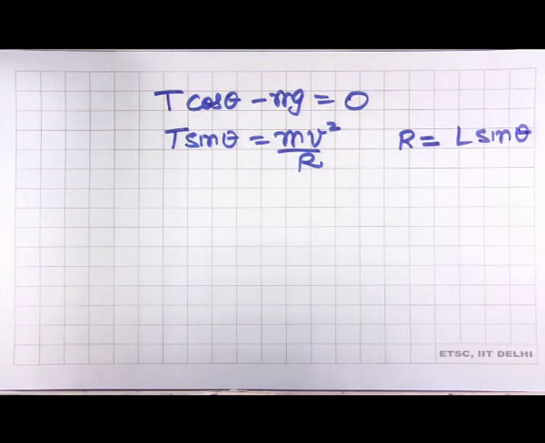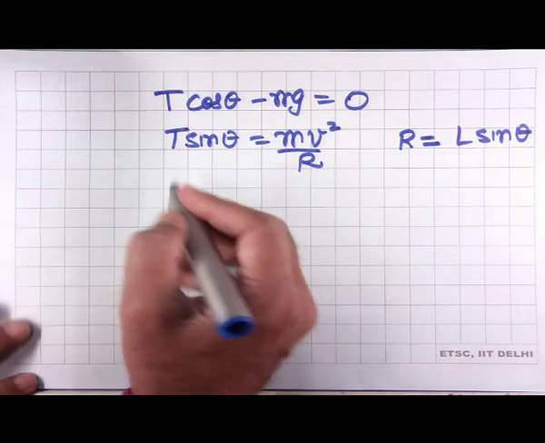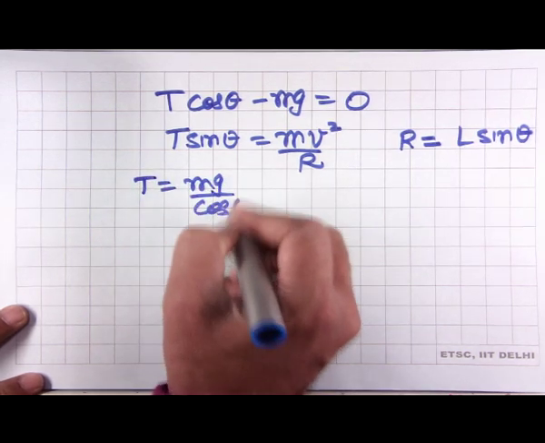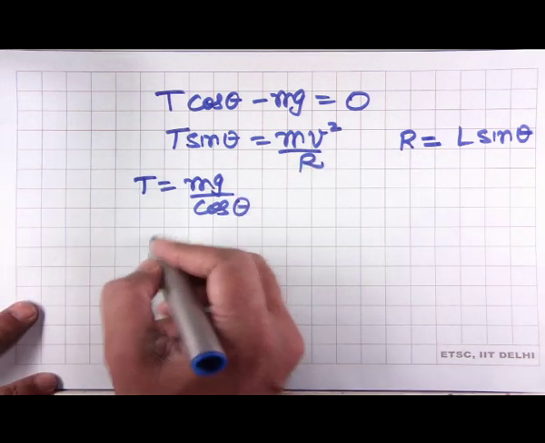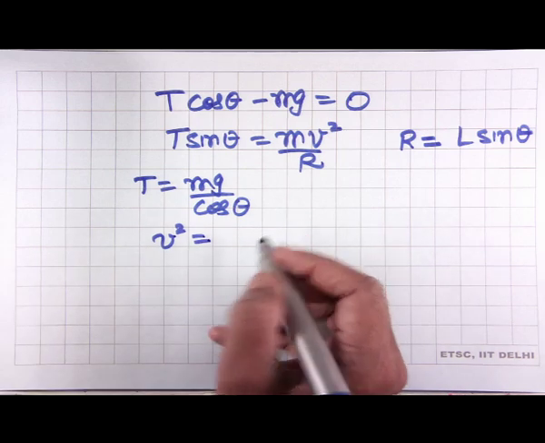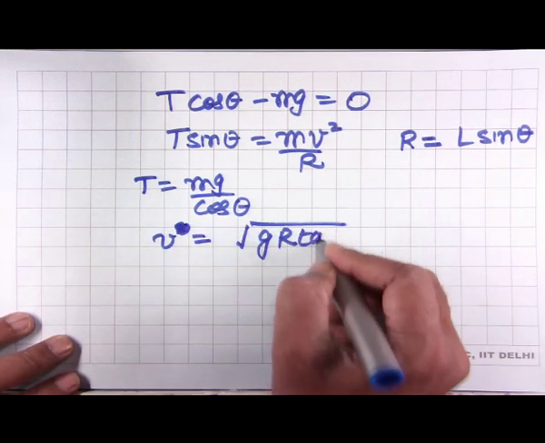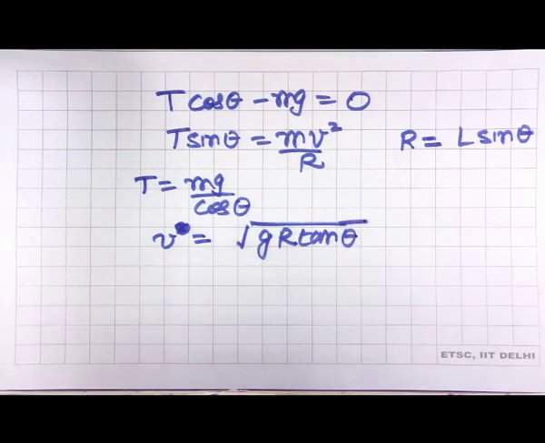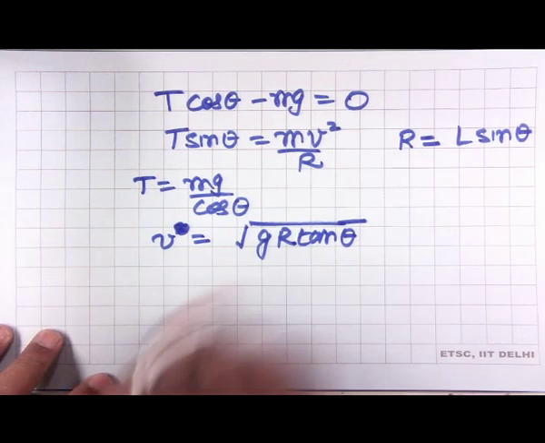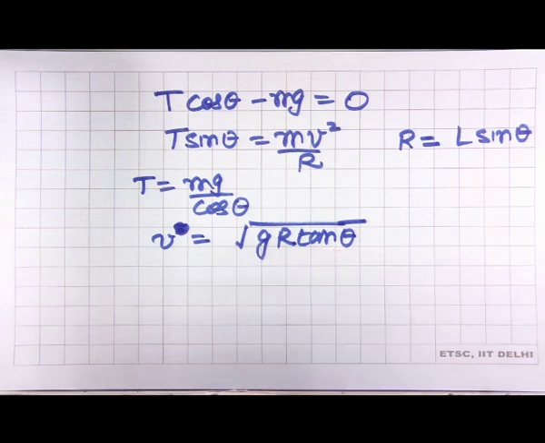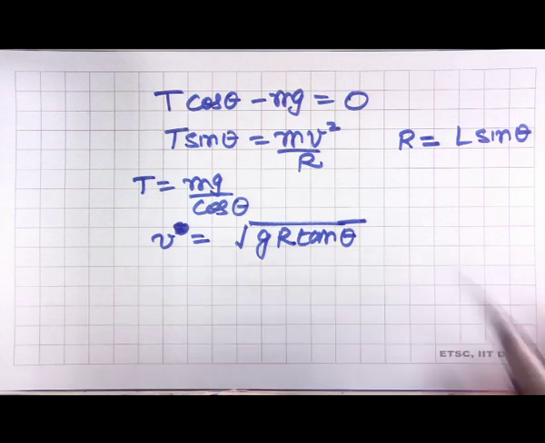Working this out, the tension T equals mg divided by cos theta, and v equals root of g r times tangent of theta. So if the ball has to move with a speed v, the angle theta it maintains will be given by this, and r is L sin theta, so we can convert things in terms of the variables we have.